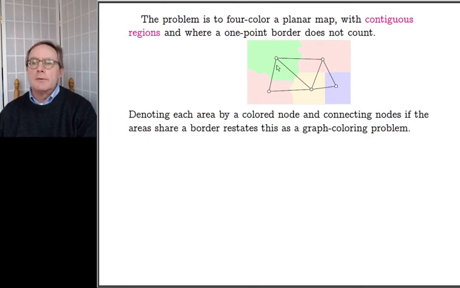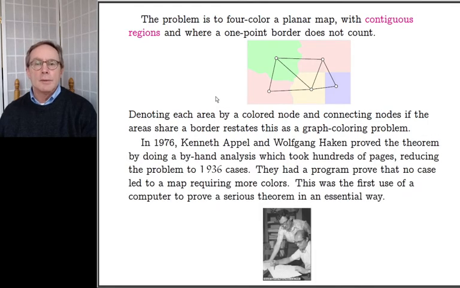And now instead we talk about coloring the nodes of the graph. Is it possible to color the nodes of this graph with 3 colors? Is it possible to color the nodes of this graph with 5 colors in such a way that if 2 nodes are connected, they are not the same color? These 2 nodes are allowed to be the same color because they're not connected. Okay, so that's called a graph coloring problem.